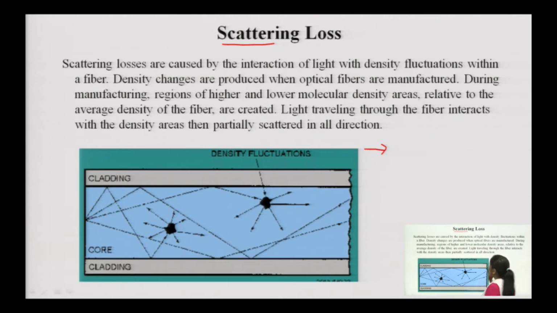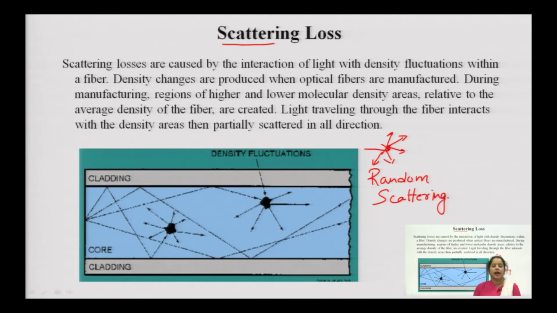Whatever signal is coming, if it gets in conflict with something in its path, it gets distributed in a random manner. And that is called scattering.